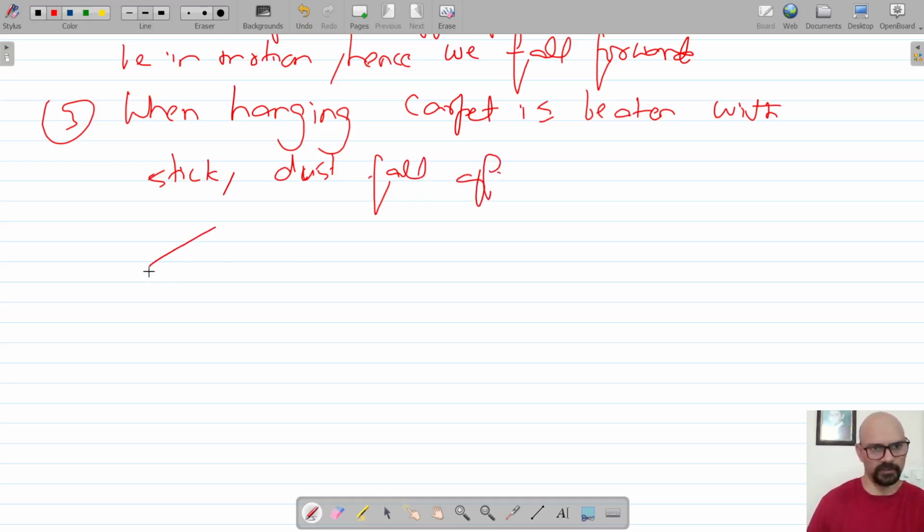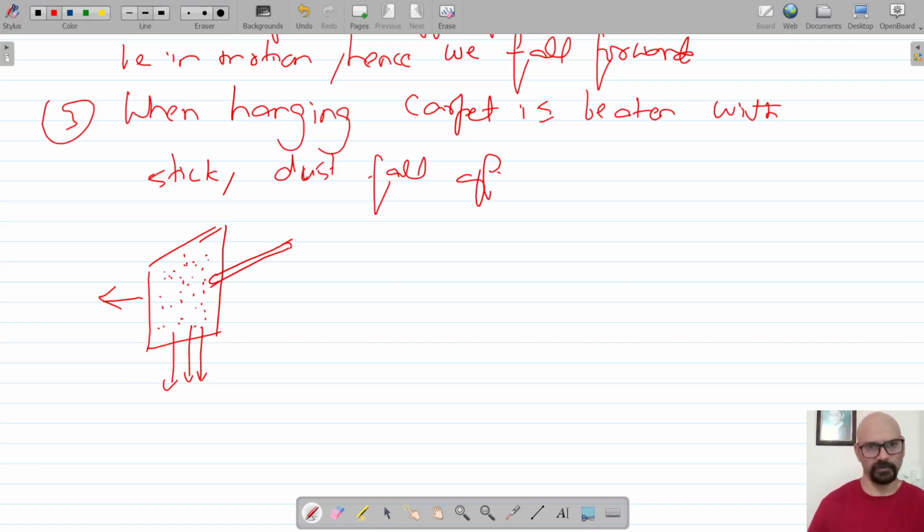Okay, let's say this is the carpet and we have dust on this. When we beat the carpet with a stick, it is pushed backward. But because of inertia, the dust particles will continue to be at rest, and hence they fall downward.